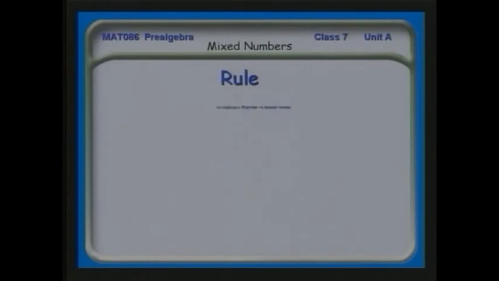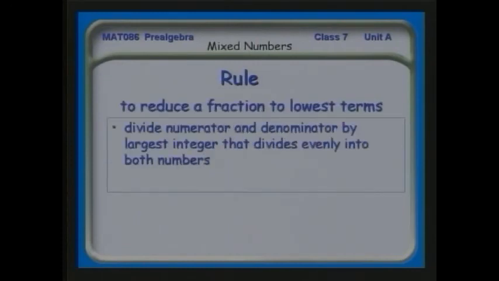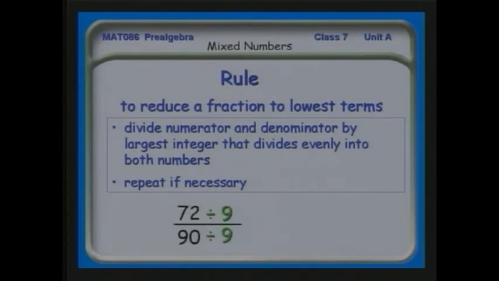Let's look at the rule. To reduce a fraction to its lowest terms, you divide the numerator and denominator by the largest integer that divides evenly into both numbers. And you just keep doing this until you say, well, I'm stuck. And if you get it right, you're truly stuck. For example, if you have 72/90ths, you notice that a 9 will divide 72 and it will divide 90.